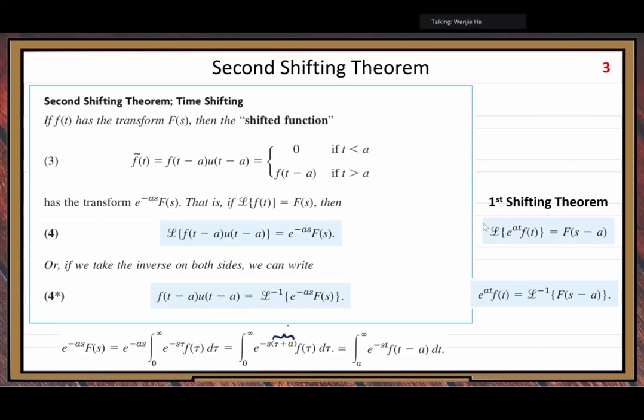So you make this part t, do variable substitution. So tau equals t minus a, original tau. And when you do that variable substitution, 0 is shifted to a, right?